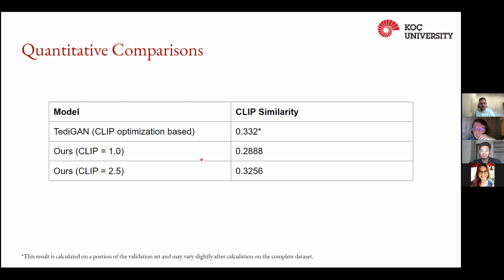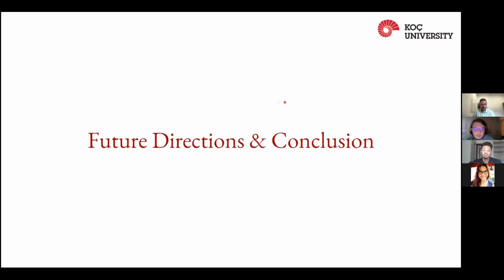So that's one plus side for us. And actually, we can reach similarity scores close to the StyleGAN model if we increase the clip weight. So I guess that's not really a great metric to compare these results.